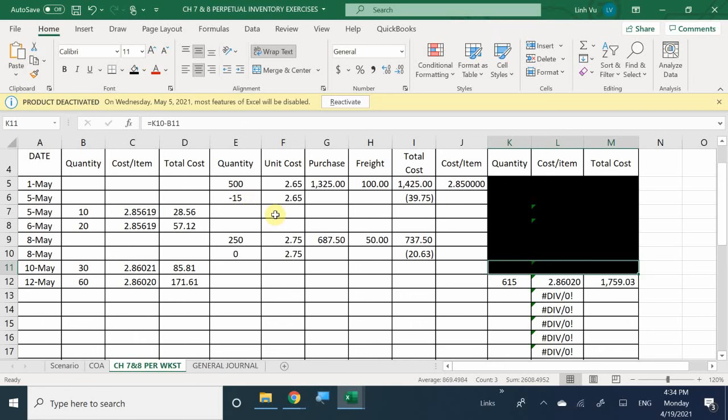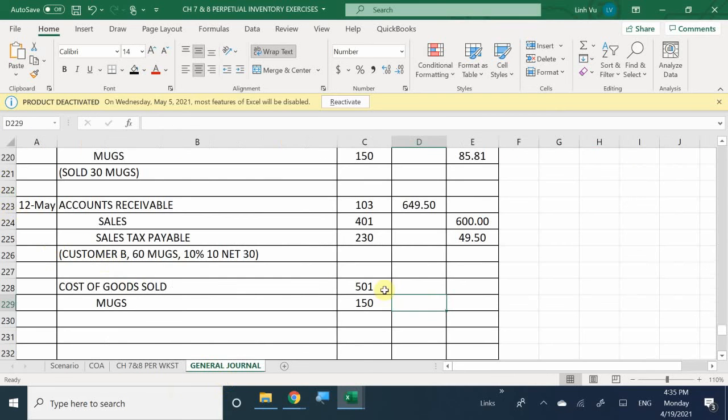All right. So the thing that we needed to solve for was our cost of goods sold, which was the 171.61. So back to my journal. 171.61 was our total cost of goods sold.